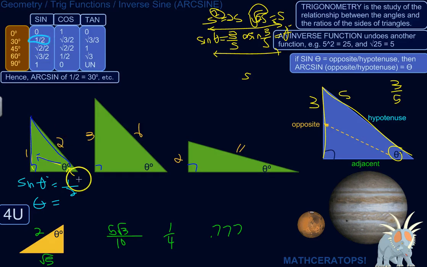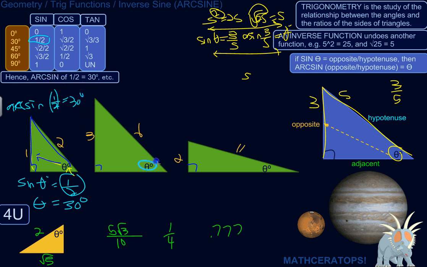So the arcsine of 1/2 is 30 degrees. Or the sine of 30 degrees is 1/2.